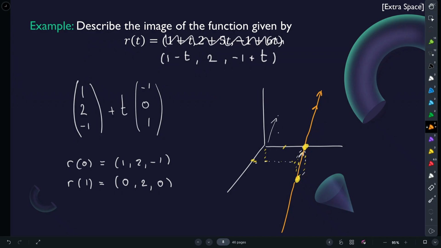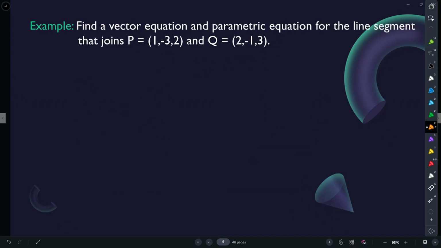All right, let's do a second example. Just as a reminder of vector equations and parametric equations, let's remember that we know how to parameterize a line segment, and that is a parametric equation given by a vector valued function. Do you remember how do we write such a segment?